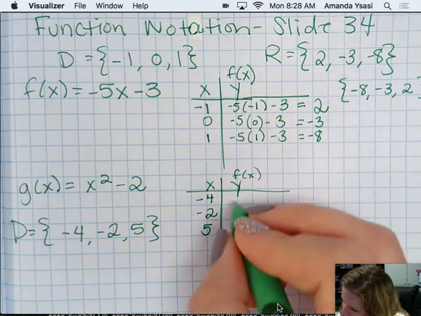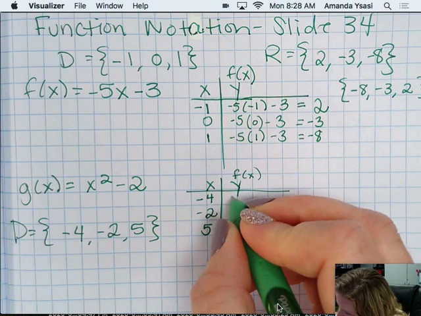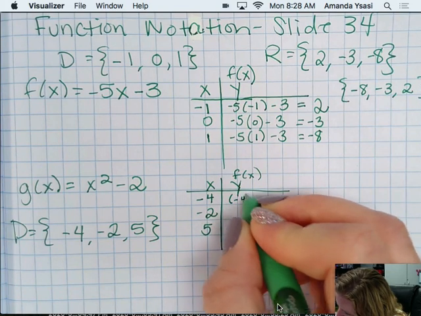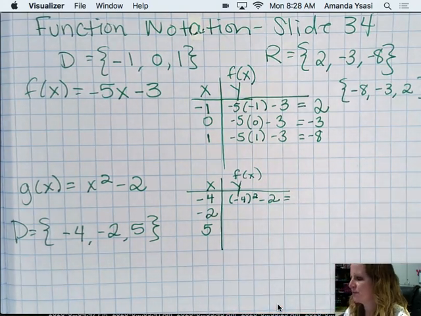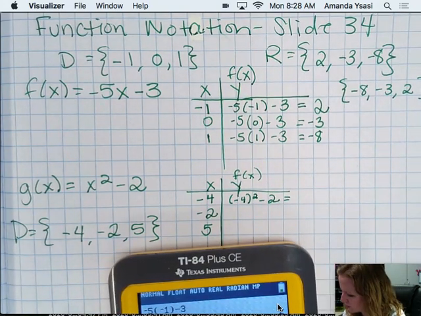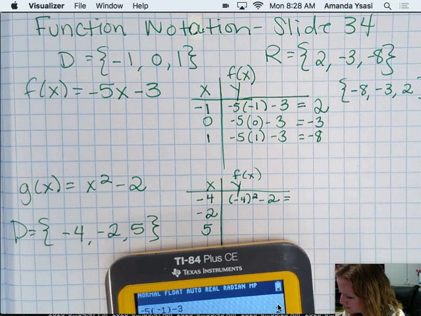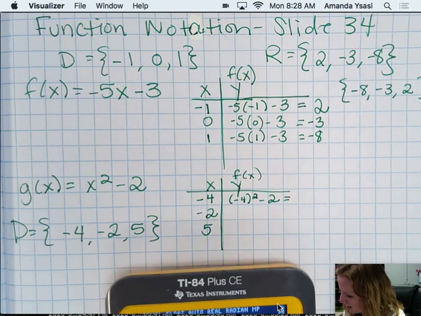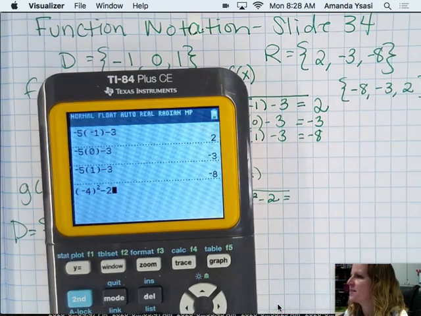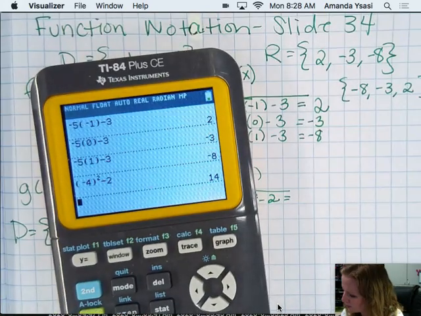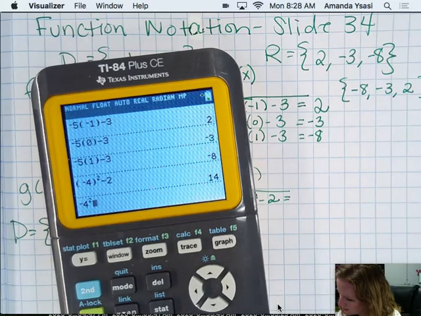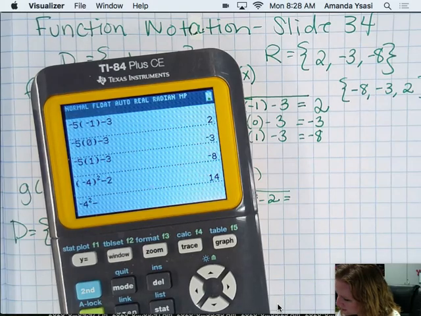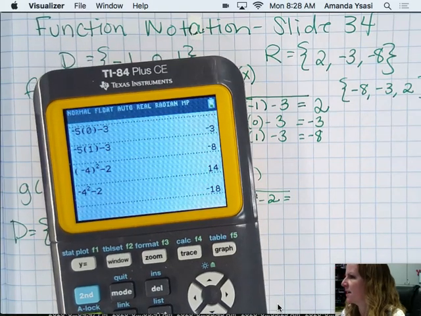So go ahead and plug those in. So it would say x squared, so negative 4 in parentheses squared minus 2. What happens whenever you square a negative number? Becomes positive, yeah. That's why it's important to put it in parentheses. Because if I don't put this in parentheses, it changes the answer.